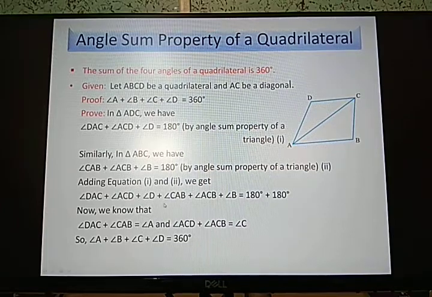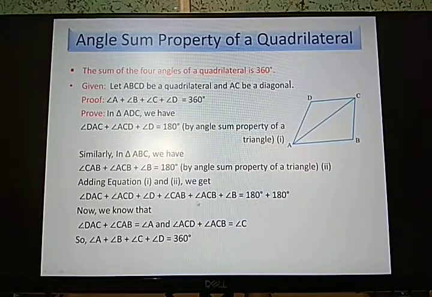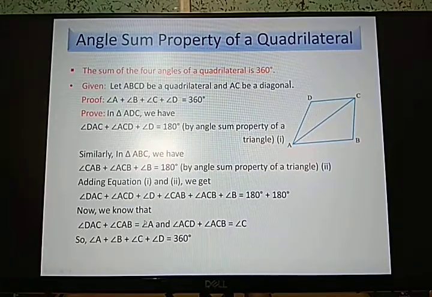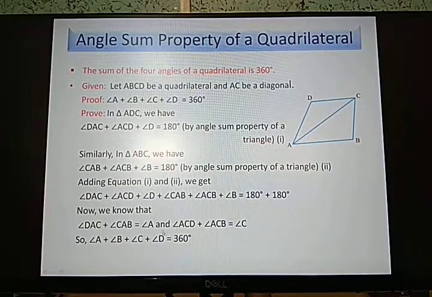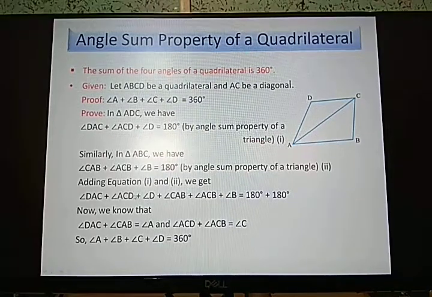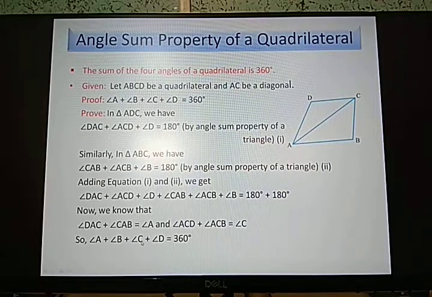Because, as I said, for our convenience we have written angle D and angle B, so they remain as they are, and the other four angles we have written in the form of pairs. If we add angle DAC plus angle CAB, we can write it as angle A, and angle ACD plus angle ACB gives angle C. So instead of writing these two angles again, we have written angle C. Eventually we get all four angles, and their sum is equal to 360 degrees.